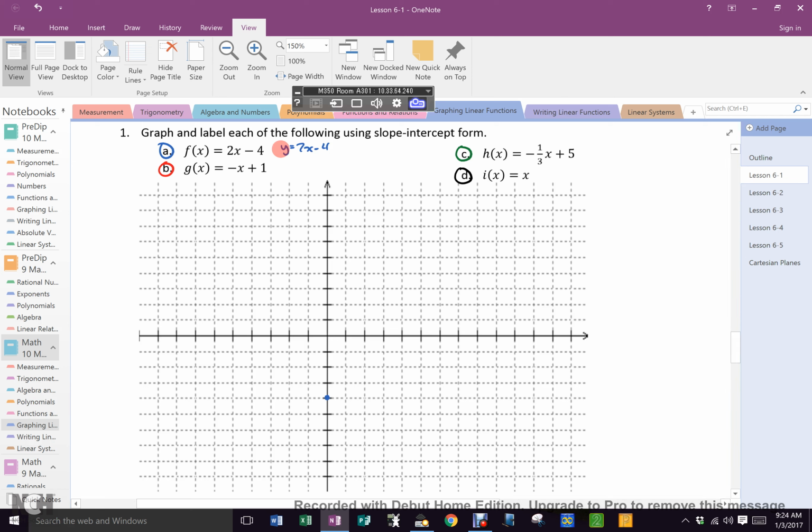What value in this equation is m? M equals 2. Now I told you slope is always rise over run, isn't it? What is 2 really over? What's the number that if I was making 2 a fraction, what would be the denominator? 1. Does that give me a rise and a run?